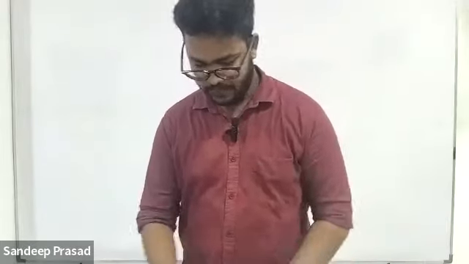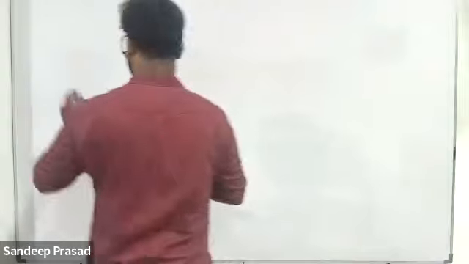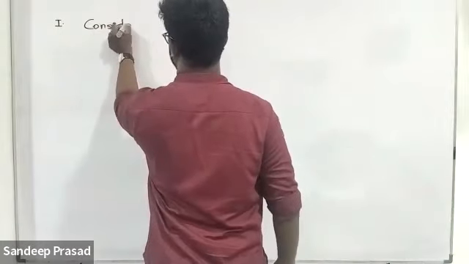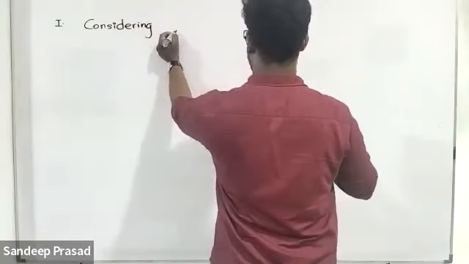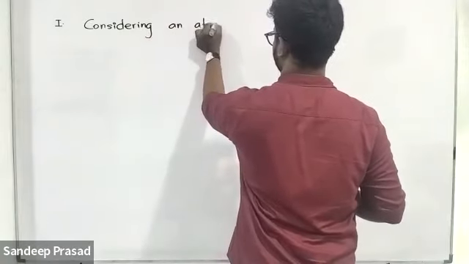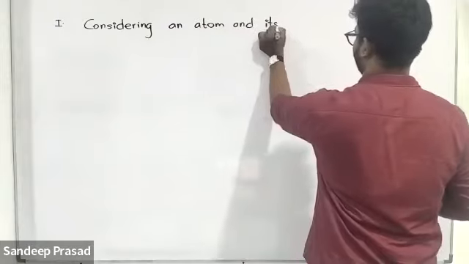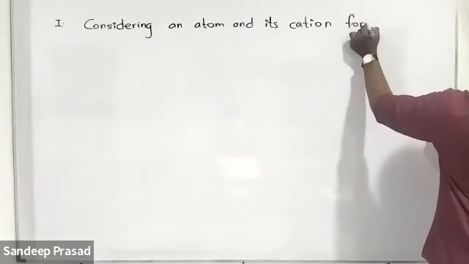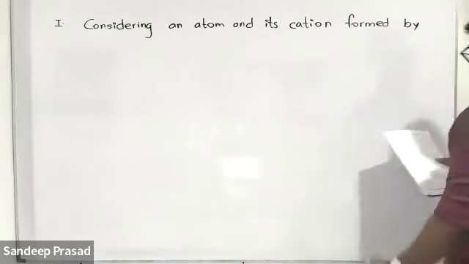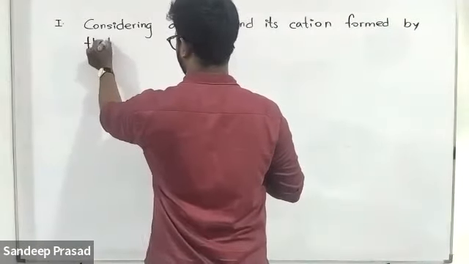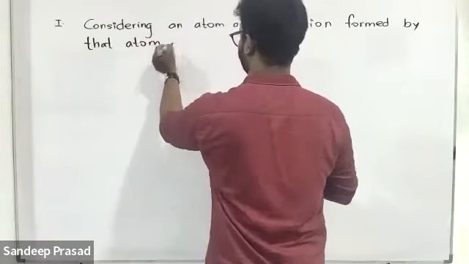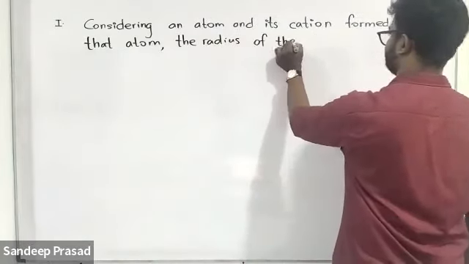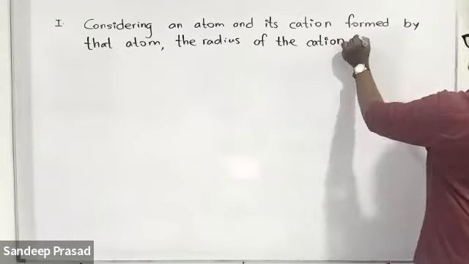Number one, write down with me quickly. Problem number one: considering an atom and its cation, meaning a positively charged ion formed by that atom, the radius of the cation is smaller.